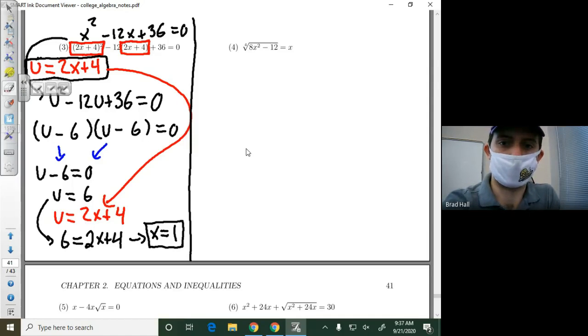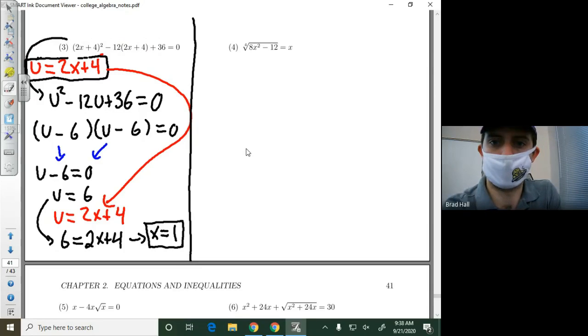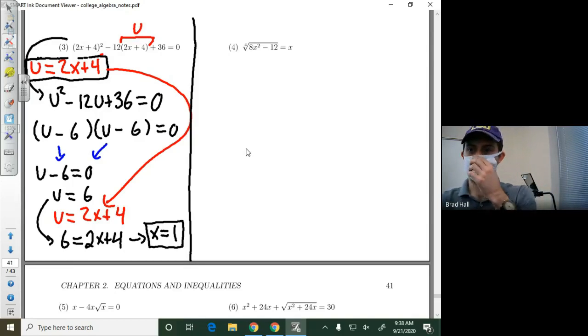Well, you mean at the very beginning up here? Yeah. So what's happening here, one of them is squared and one of them is not squared. So what we're doing is we're saying that this part right here is u. So just 2x plus 4.